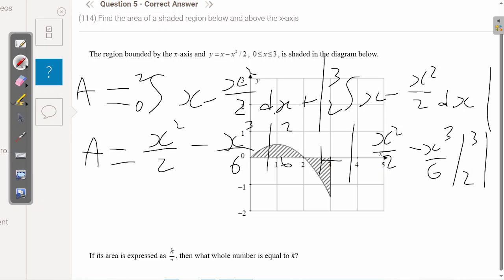Okay, so then 2 squared over 2 minus 2 cubed over 6.